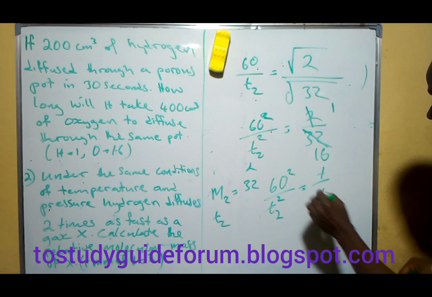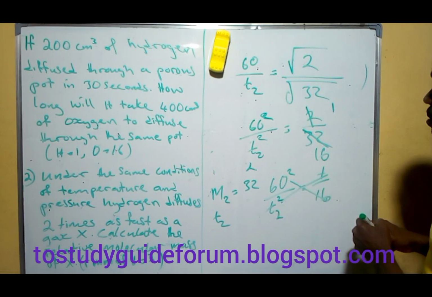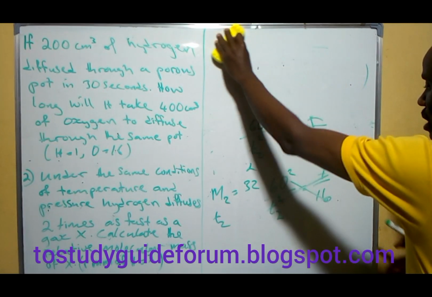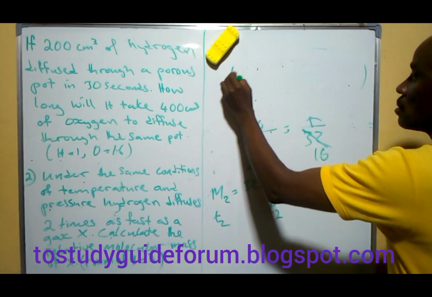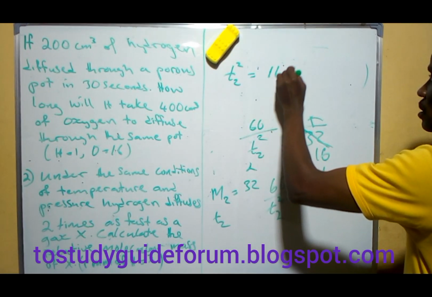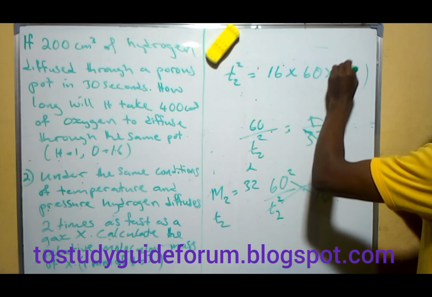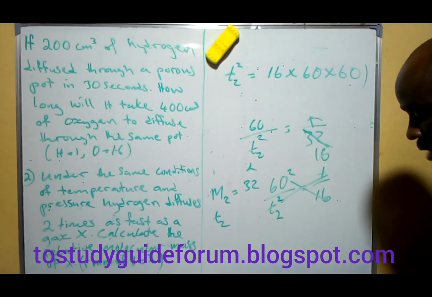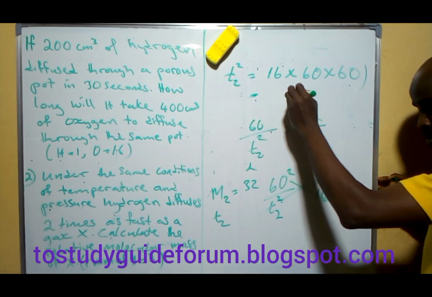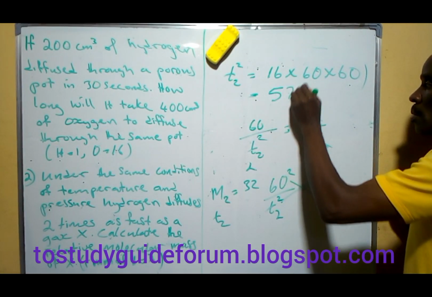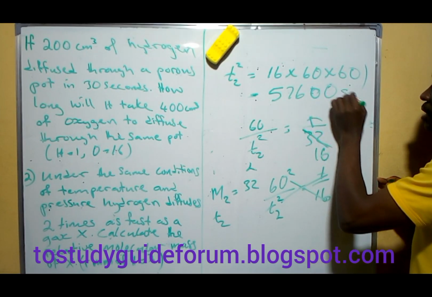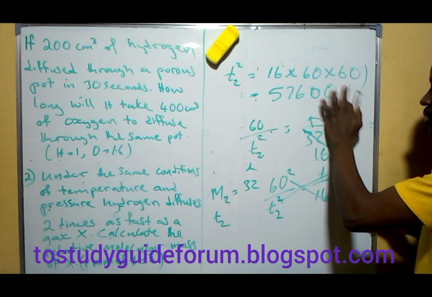So 1 over 16, cross multiplying, will give us T squared equal to 16 times 60 times 60. That will give us 57,600. No, we're not there already.